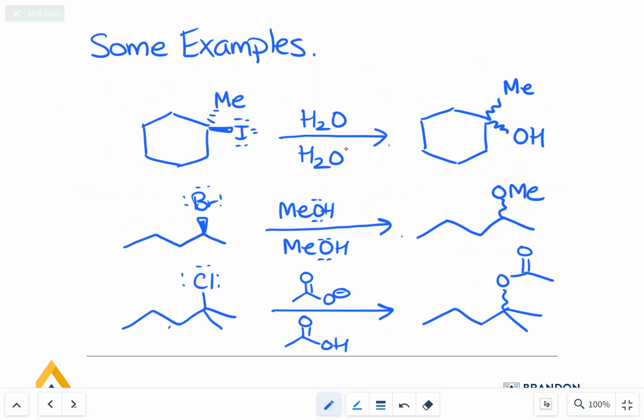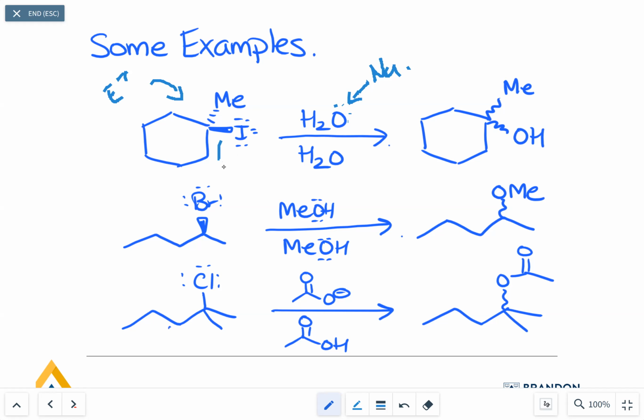Okay, so in this case here, our nucleophile is water, and this would be our electrophile. So the rate determining step is, although I've drawn this with a wedge and a dash, this molecule isn't actually technically chiral because there's a plane of symmetry.